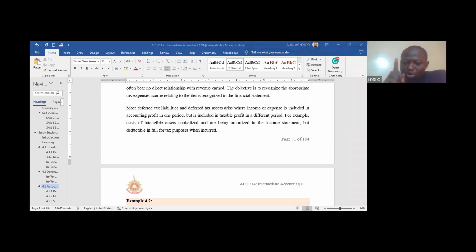So there's one thing that I want you to understand. You should know that there can be one without the other. That is, a company can have only deferred tax liability or deferred tax assets. Depending on whether the tax is owed or paid will determine whether it is considered as an asset or as a liability.